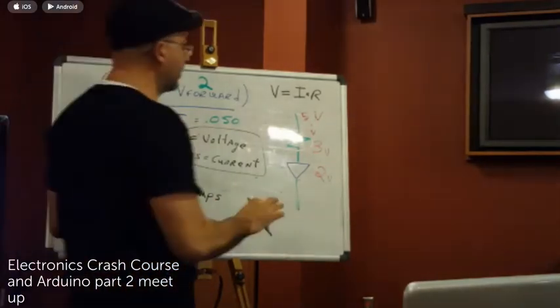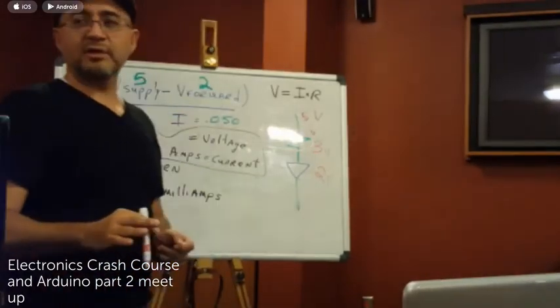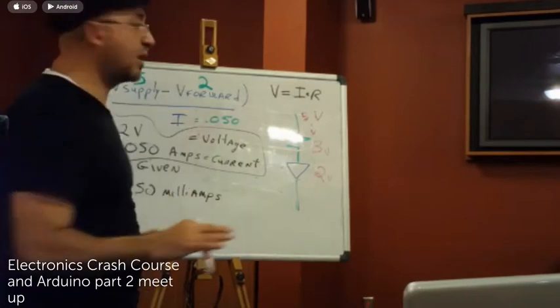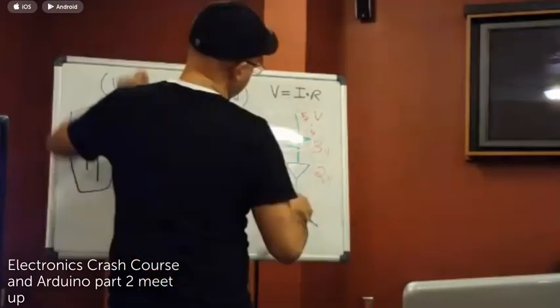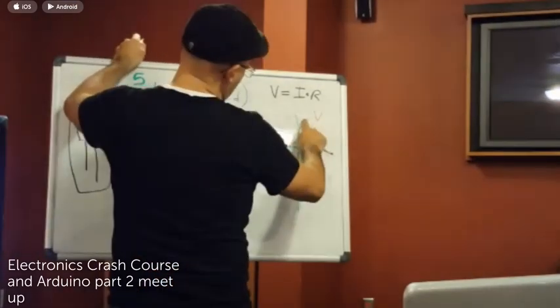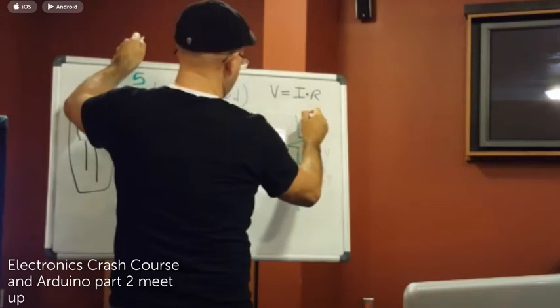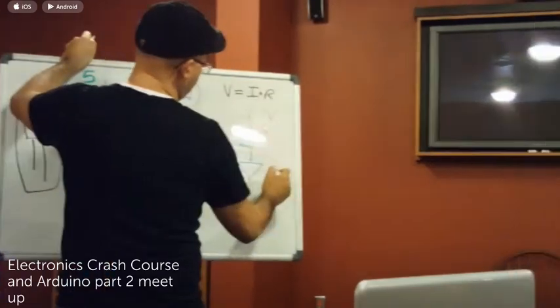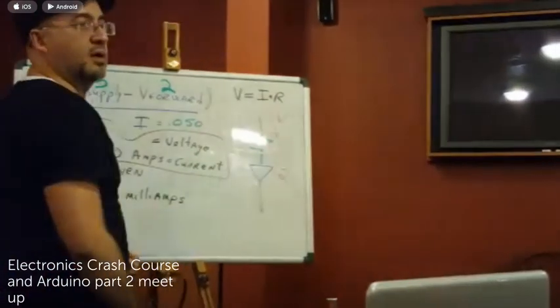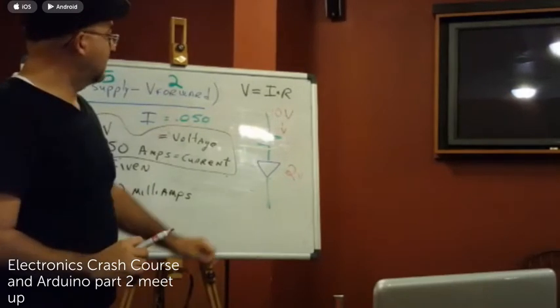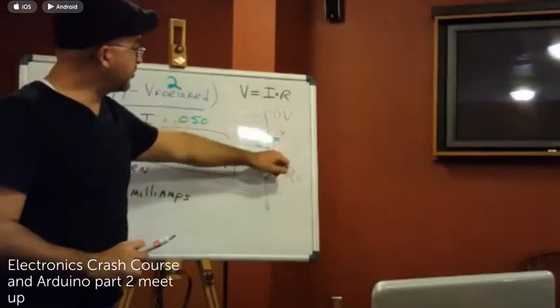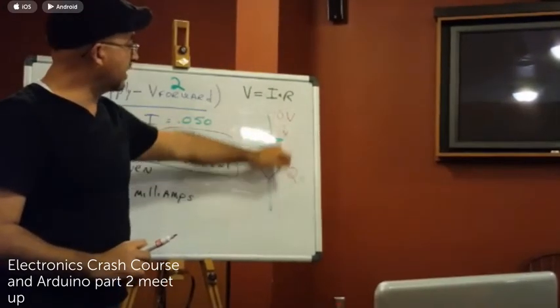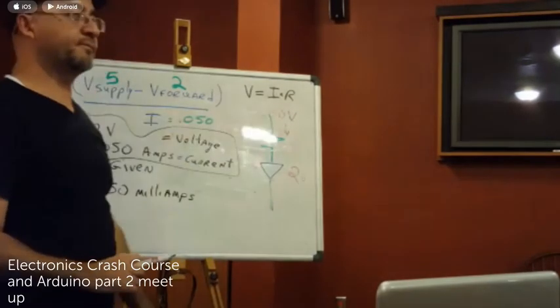Looks very simple, right? Let's test you guys out. If I were to make this 10 volts, and you know that you need 2 volts here to work, how much voltage drop do we need here for this to work? I'm starting with a 10 volt supply. 8.